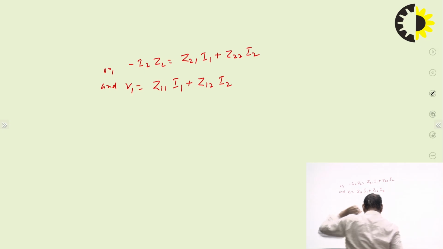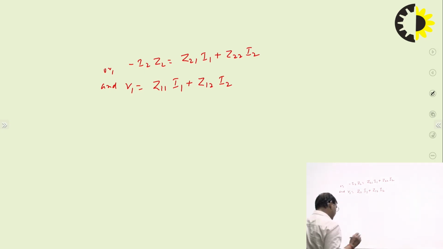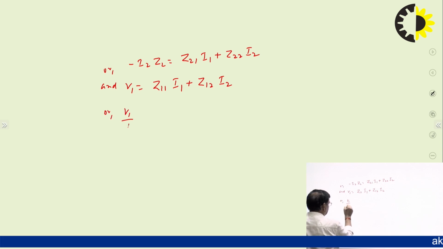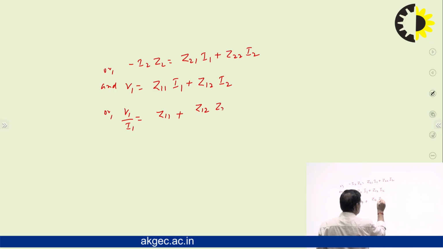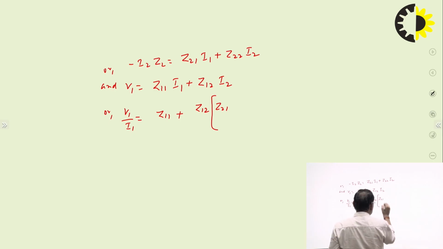So V1 upon I1 we can write as Z11 plus Z12 Z21 upon minus Z22 minus ZL.